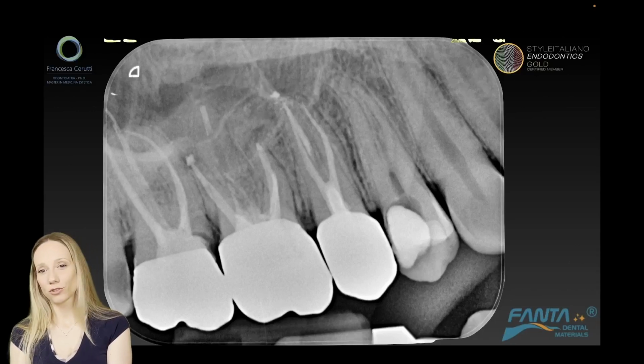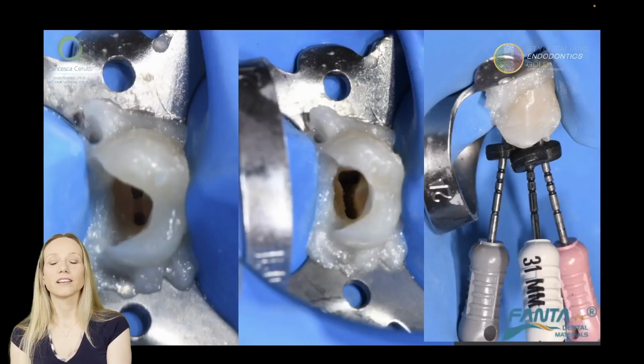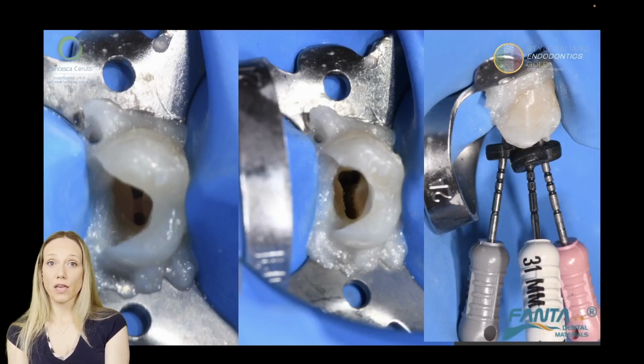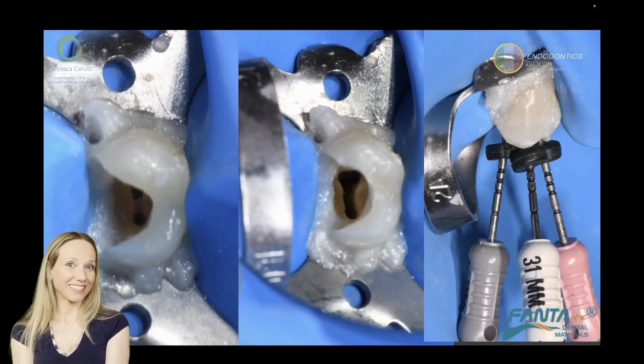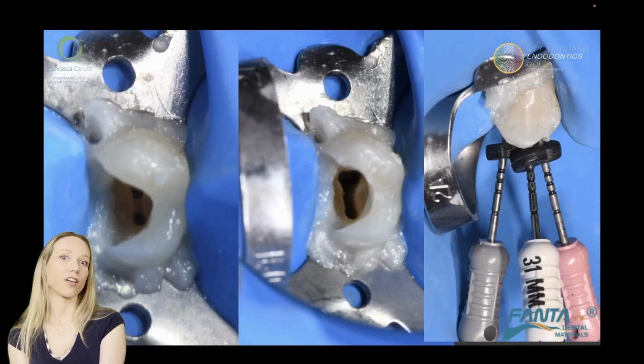And it was opened by a colleague that did that kind of access. The first you see on the left of the screen. So the regular access you do on a premolar, oval shaped, because she was not able to read correctly the x-ray that was screaming, I have 3 roots and 3 root canals.